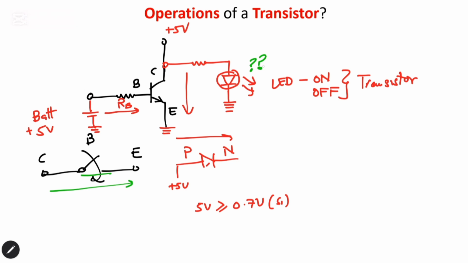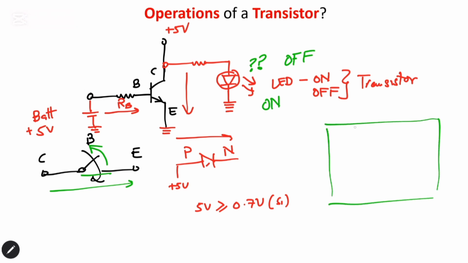What do you think will happen to this LED? The LED will go on. And when we remove the battery from the base, that means we are removing the switch that enables the LED to go on. So with the circuit diagram, we can draw up a table.